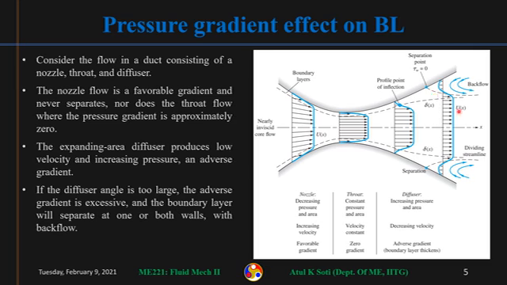That means dU by dx also will be large, and proportionally dp by dx will be large. So for a larger diffuser angle, the adverse pressure gradient will be large enough so that flow can separate. And you see that somewhere here flow will separate, tau wall will become 0. Okay, so when designing this diffuser, if we do not want flow to separate, we need to keep the diffuser angle small enough so that there is no flow separation.